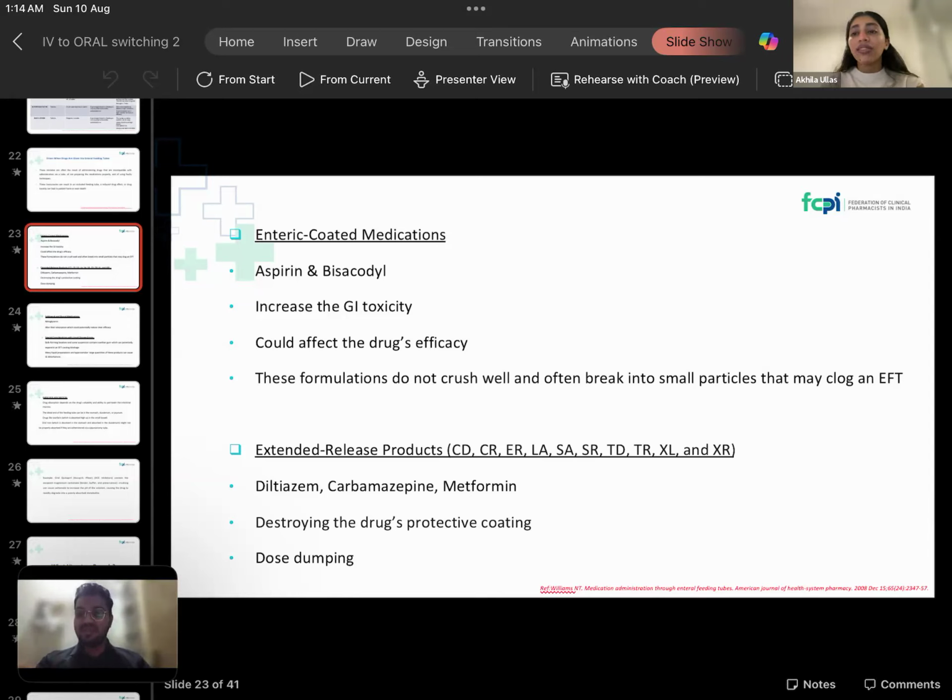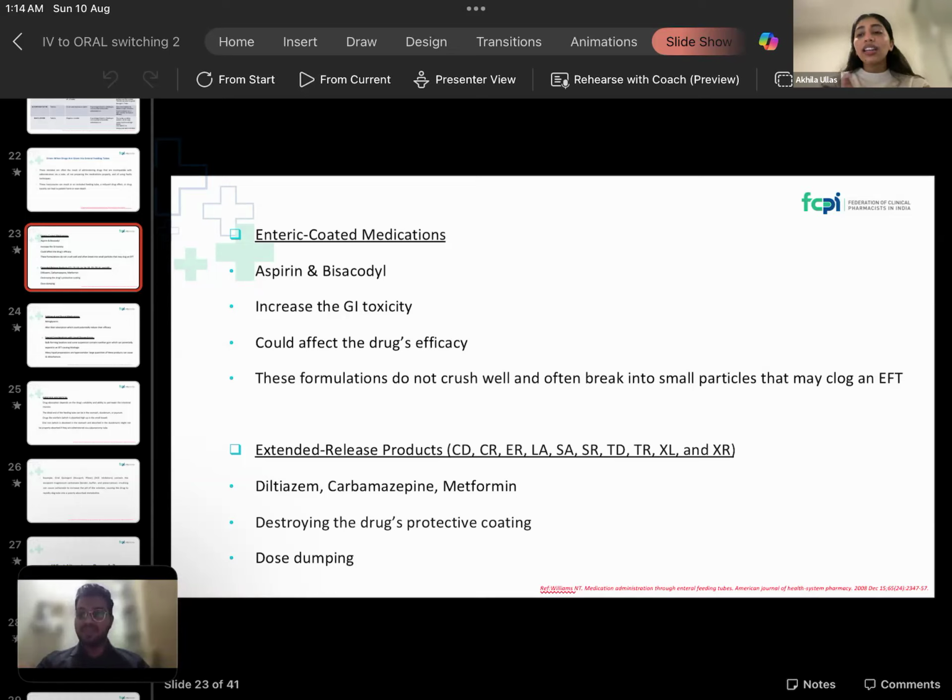There are so many formulations: enteric, controlled release, sublingual, and some staff give sublingual as a crushed one. They don't know how to give these specialized forms.